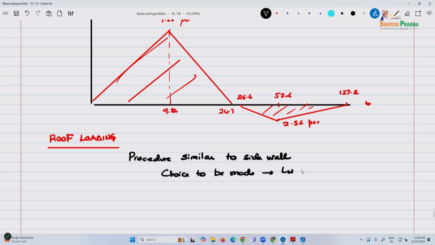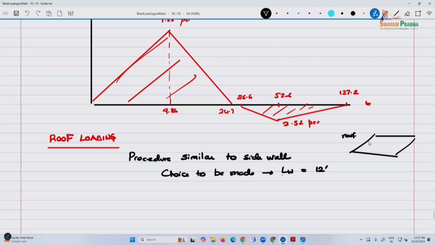I considered the whole 12 feet roof. That's the roof. Again, as I said, if there are joists, you can break it up. So whatever you choose, you can work with it, but the process is exactly the same. I don't see anything different.